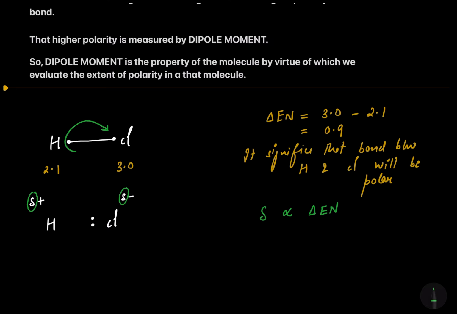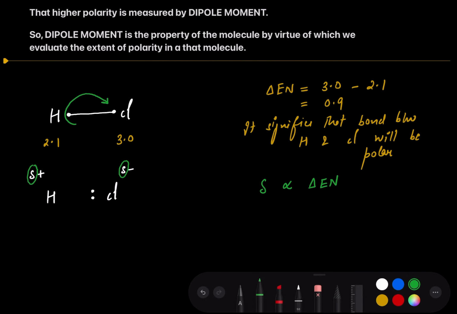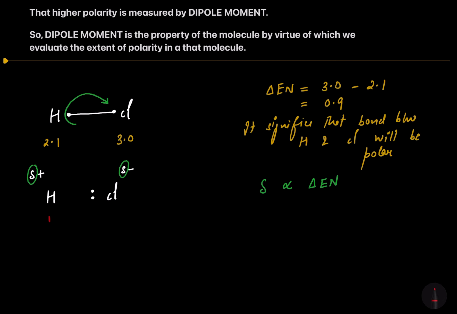What next? After that, I'm taking the distance between hydrogen and chlorine. You can call it to be bond length. The distance between hydrogen and chlorine to be small l. So that will be called as bond length also.